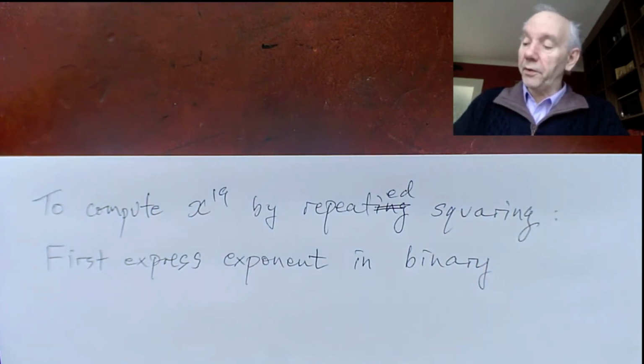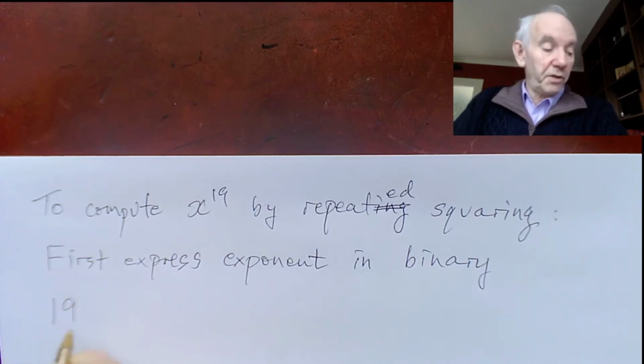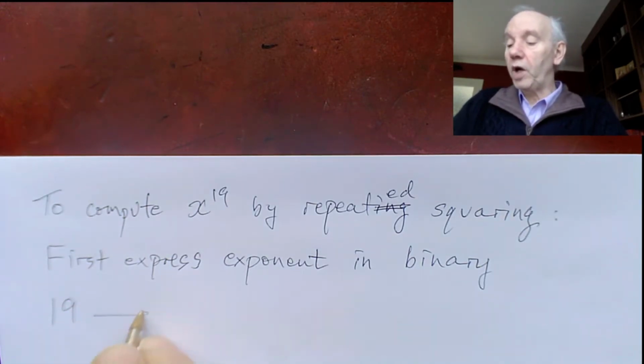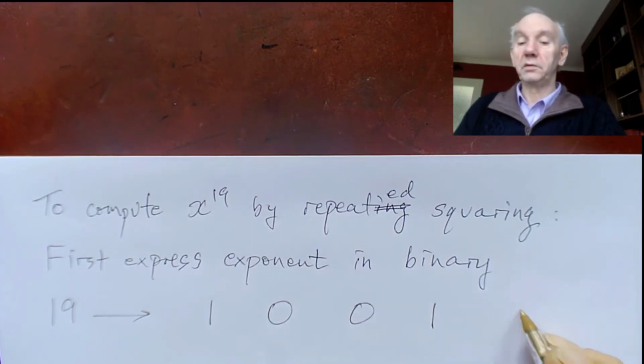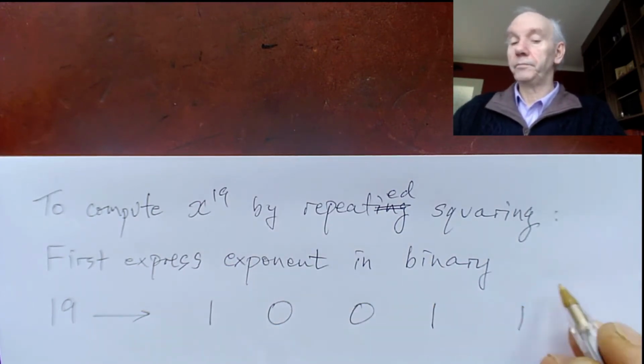And so what do I do? I take the 19 and I write it in binary, but with a bit more space than usual. So 1, 0, 0, 1, 1. That's what I've done.